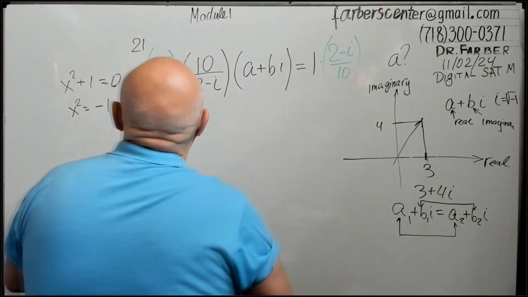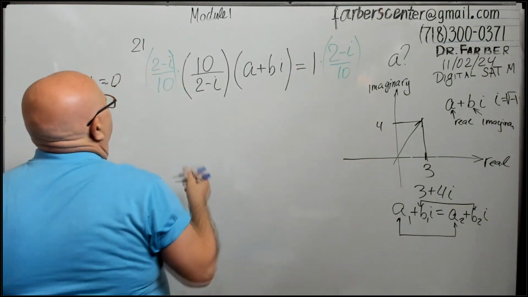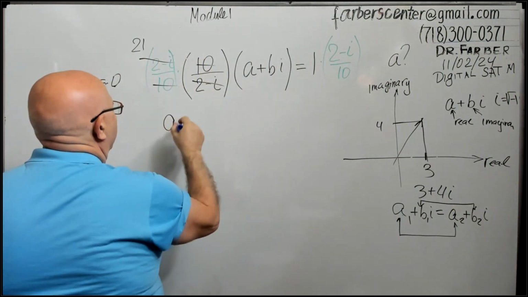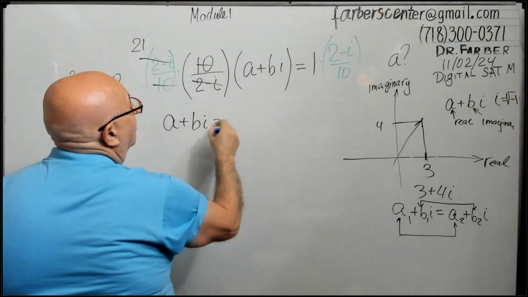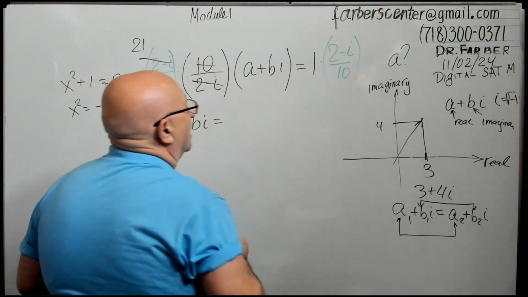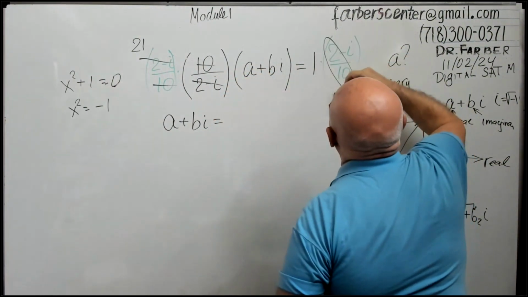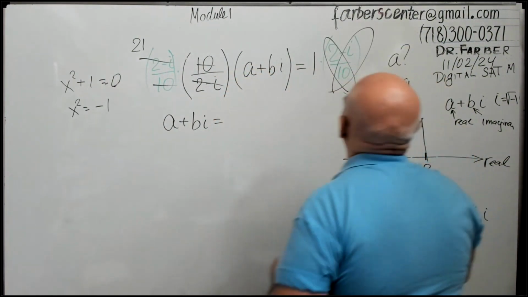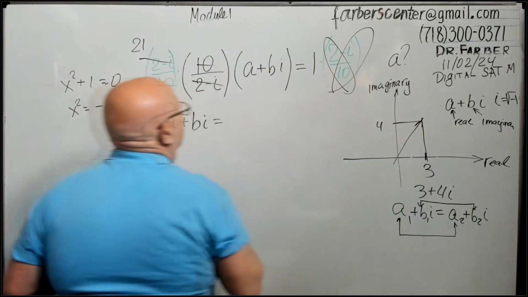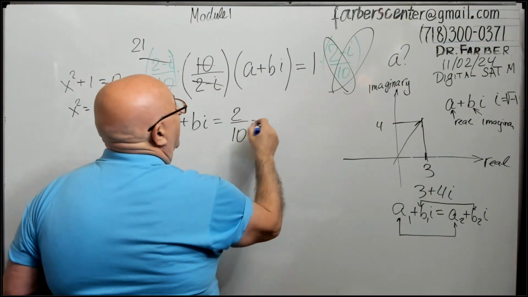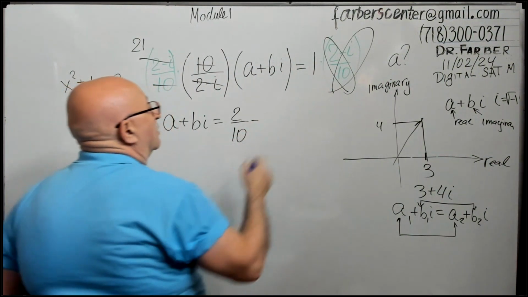Now, what happens? I cancel out this. I have a plus bi equals, and to save time, I use the butterfly rule, students. I divide each term by the denominator like you did in third grade for fractions. It would be 2 over 10 minus 1 over 10i.